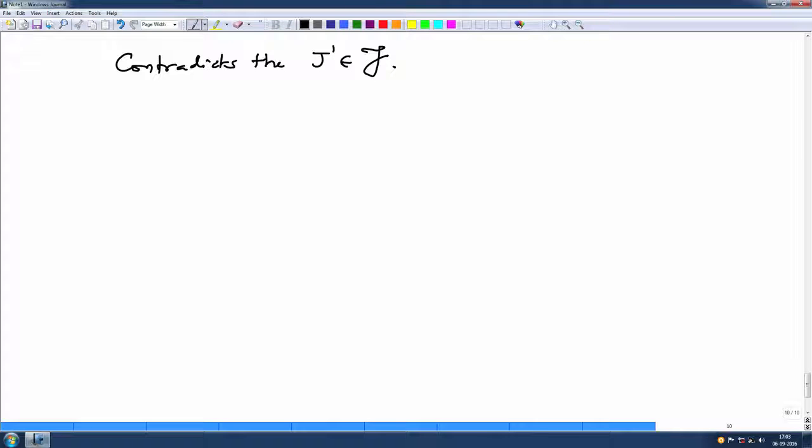Okay, so one corollary I want to write. The corollary is: as usual V is a K vector space.